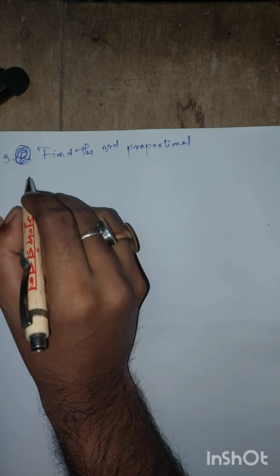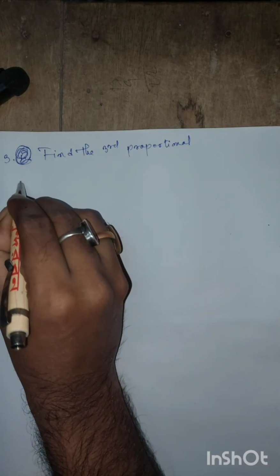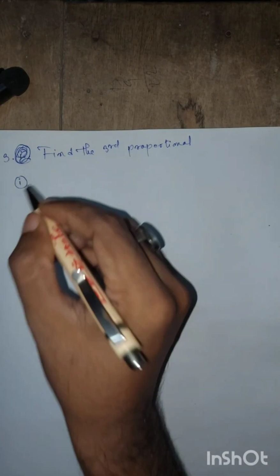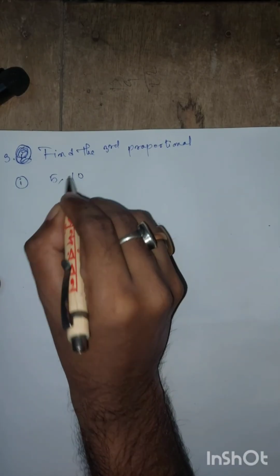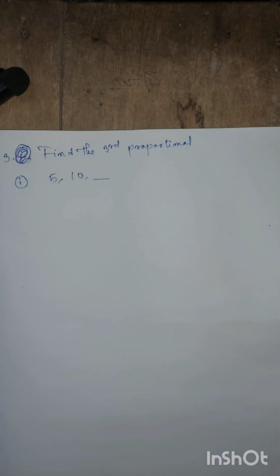So question number 1 says, Roman 1, 5, comma 10. So we do not know the third proportional. These three numbers are in continued proportion.